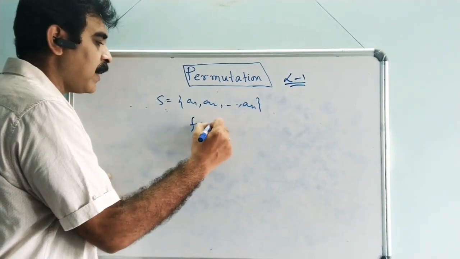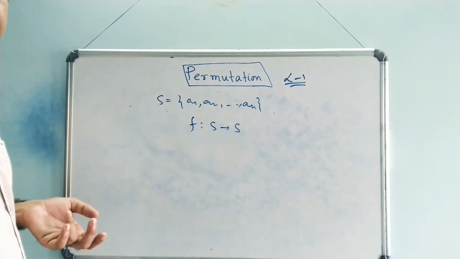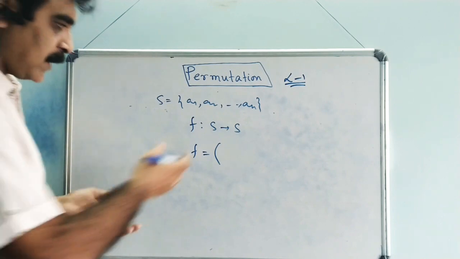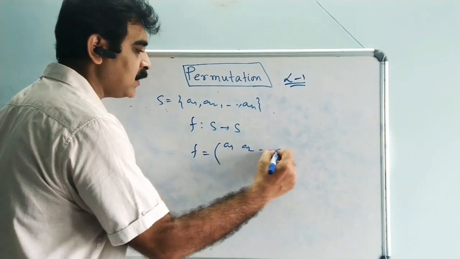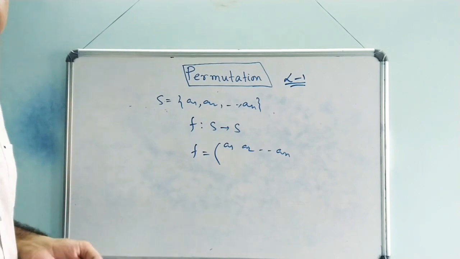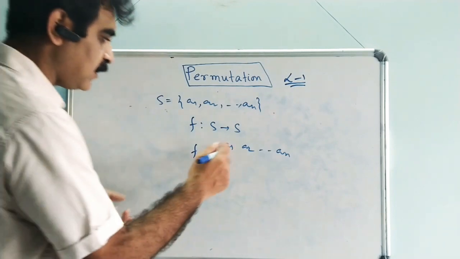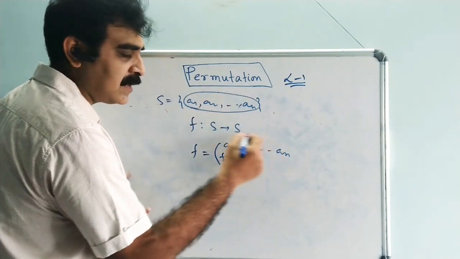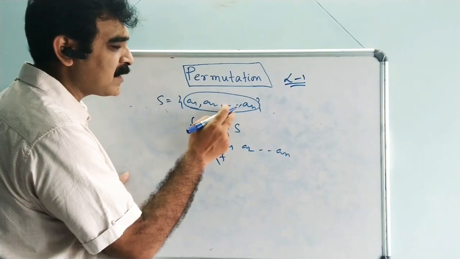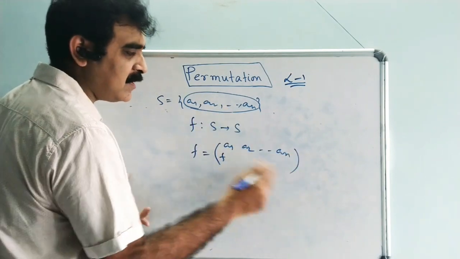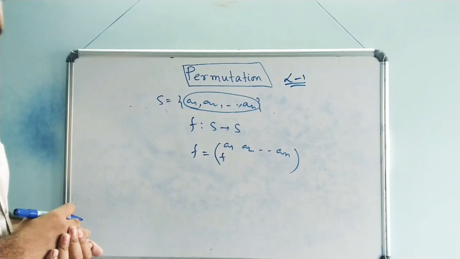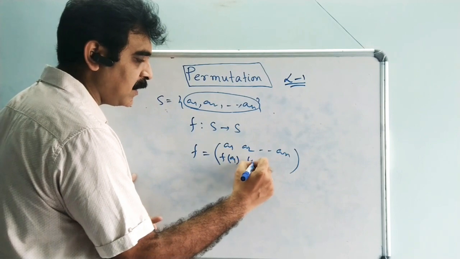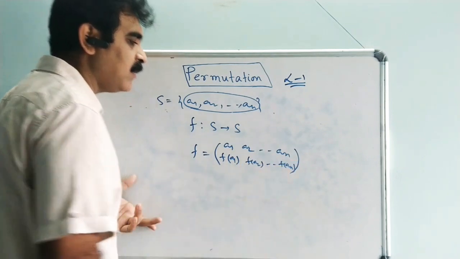Then if we take a bijective mapping from S to S, we can write this mapping in a particular form, which we will use as the notation of a permutation. We write the elements of S, the first arrangement, in the first row, and the images of these elements in the second row.